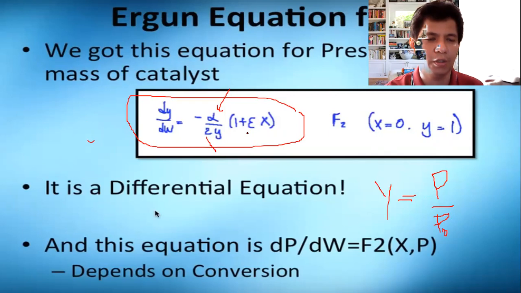You still remember epsilon? So epsilon right here is the change in the volume of the reactants, or the change in the volume of the system. So basically, we're going to compare initial and final to get epsilon. You still remember the formula for epsilon?